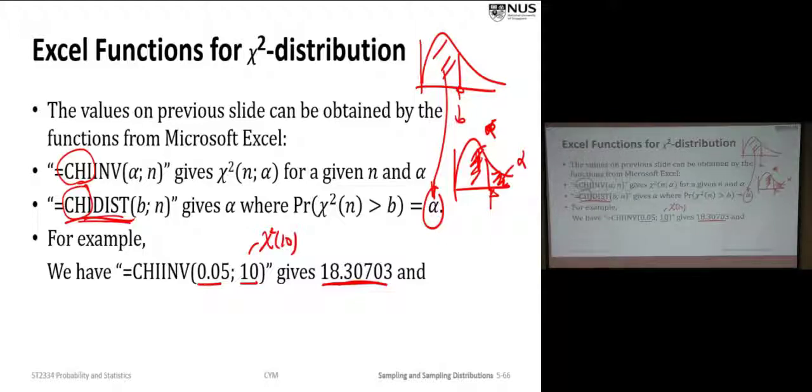Sometimes you may lose track, but just remember these useful properties. The expectation of a chi-square with n degrees of freedom is n. So for a chi-square distribution with 10 degrees of freedom, the expectation is 10. So you expect 10 to be somewhere in the middle. If you get the answer 18.3, what does it mean?